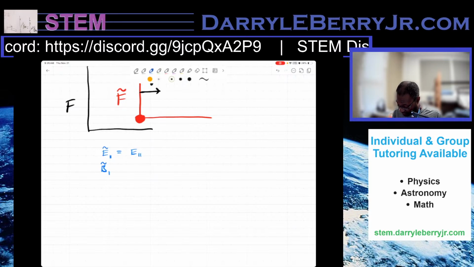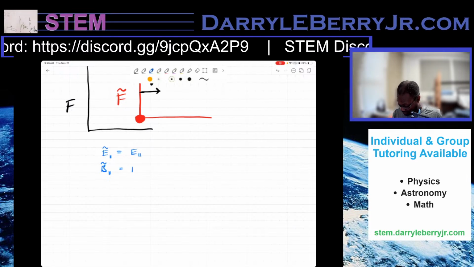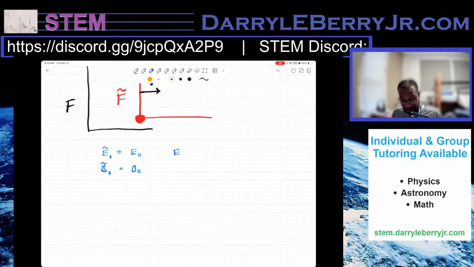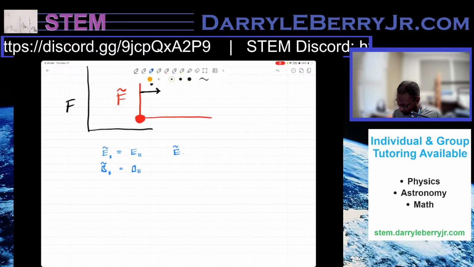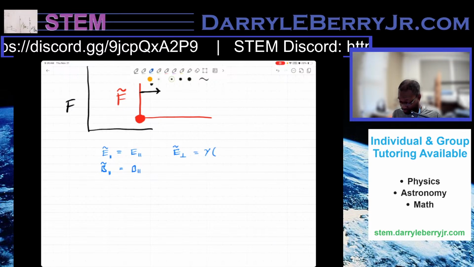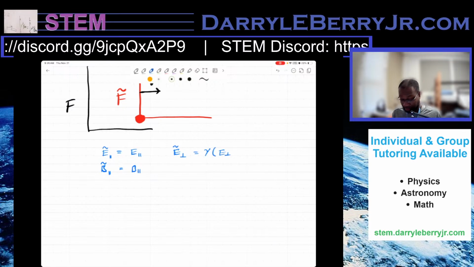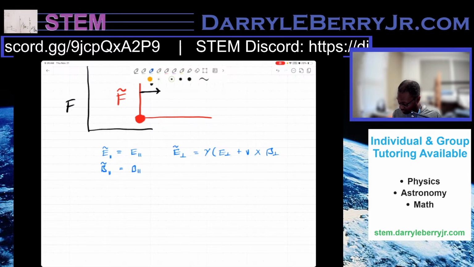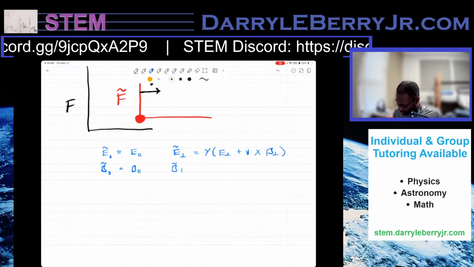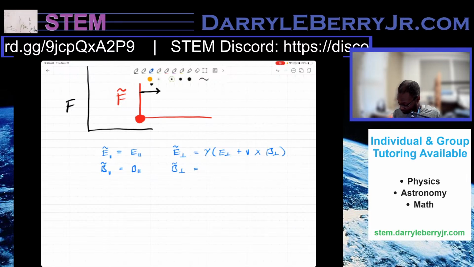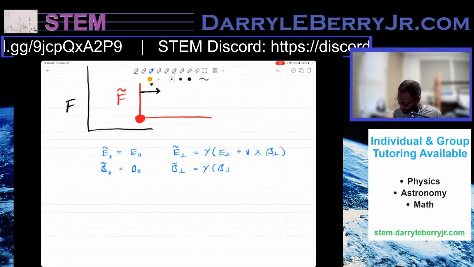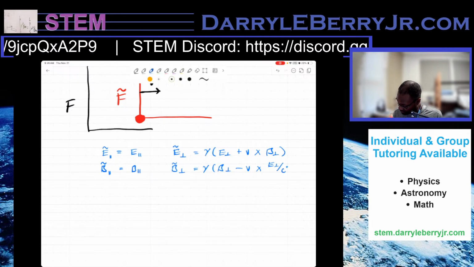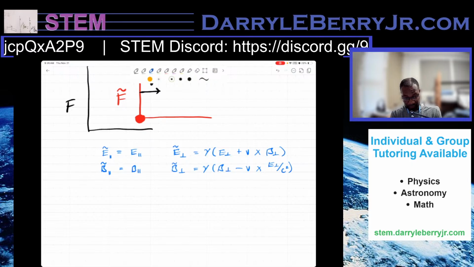The magnetic field in a boosted frame parallel equals the magnetic field parallel, and E in a boosted frame perpendicular equals gamma times E perpendicular plus V cross B perpendicular, and B perpendicular boosted equals gamma times B perpendicular minus V cross E perpendicular over C squared. Right? So that's that.